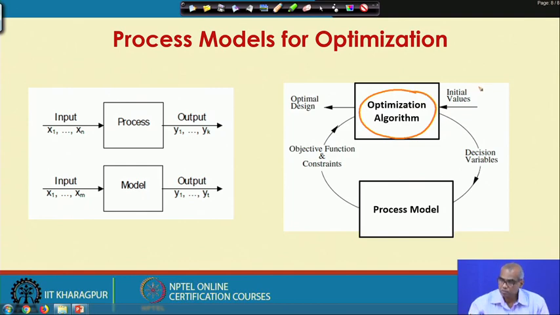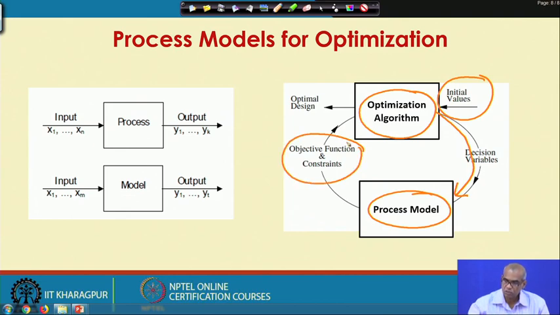We start with some initial values for the optimal solutions. So, the decision variables go to this process model, which helps us to evaluate the objective functions, checks the constraints, and again goes to the optimization algorithms.